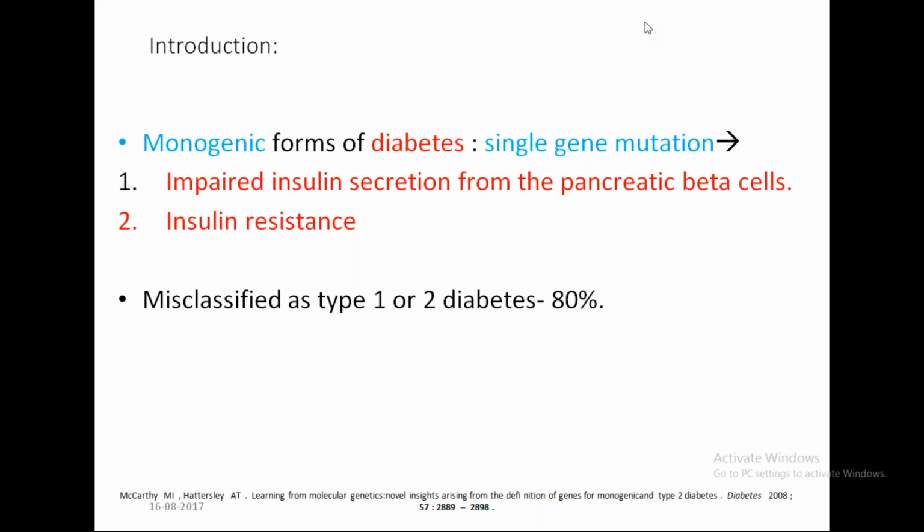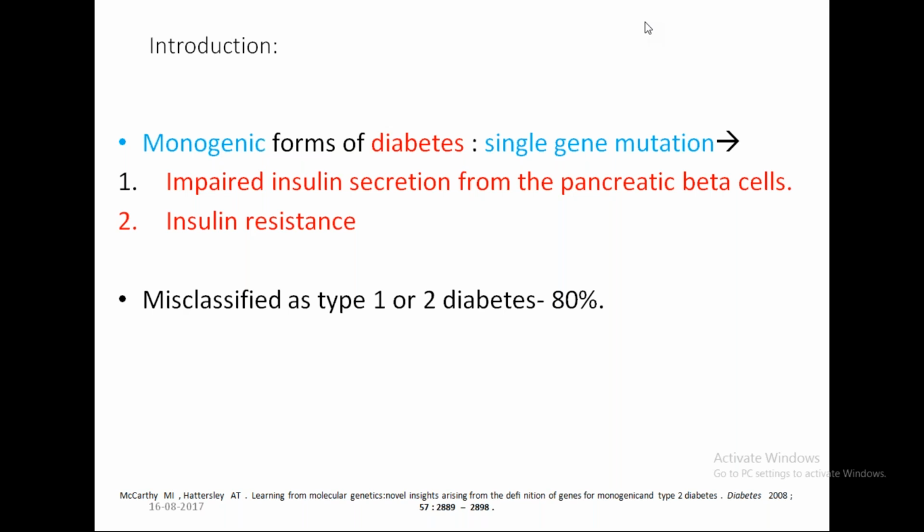Whatever we talked about before is not because of genetics. These things happen in our body because of the different pathophysiology of type 1 and type 2. Here in monogenic forms, it's because of gene mutation that these things are happening. Previously, we discussed atherosclerosis and all, and type 1 and type 2, with different pathologies occurring.